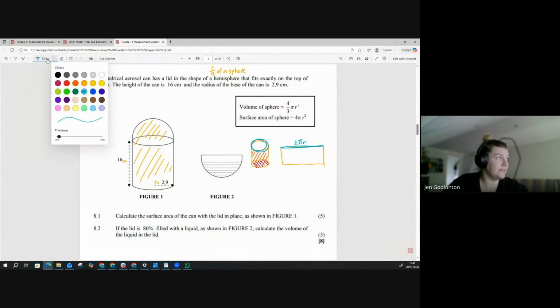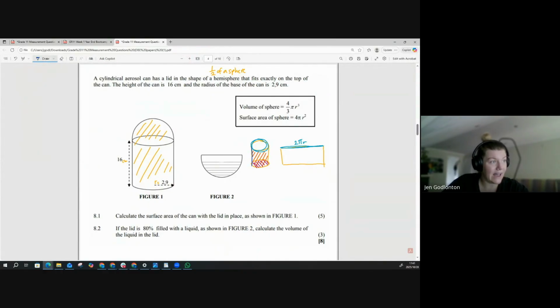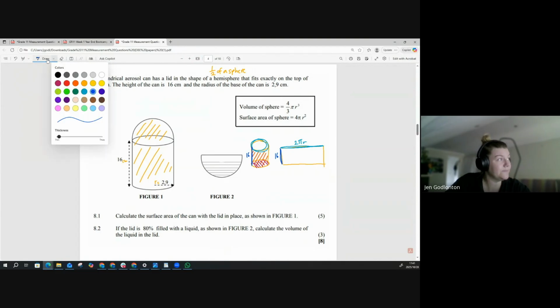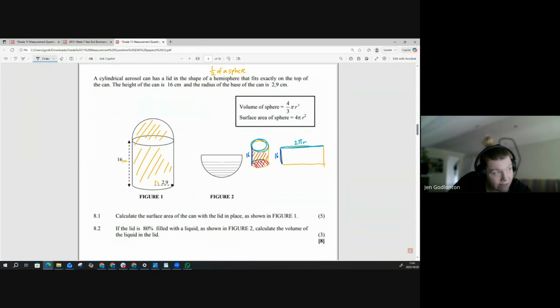And this is the height of our cylinder, which we know is 16. So then you can find the area of that rectangle. You can find the area of the bottom circle by doing pi r squared. And that gives you the cylinder.